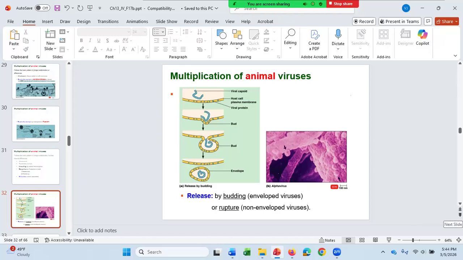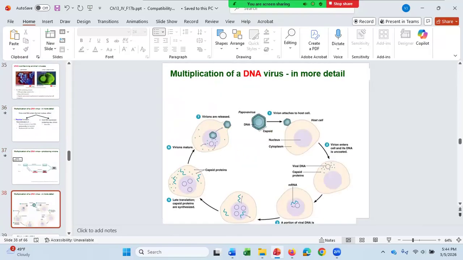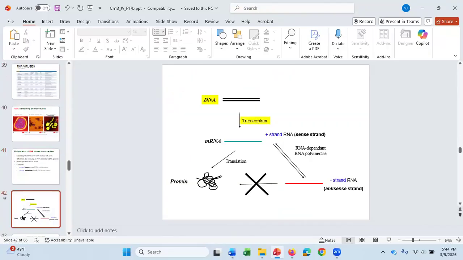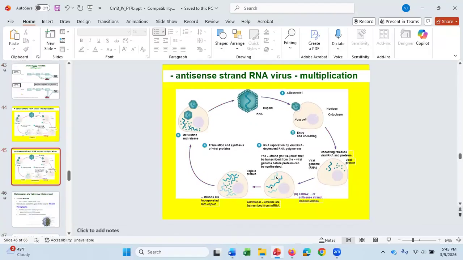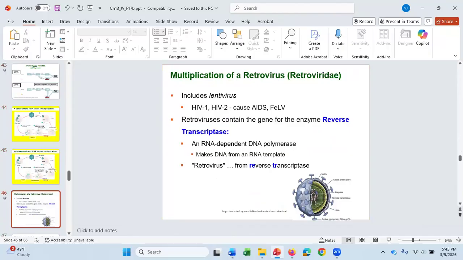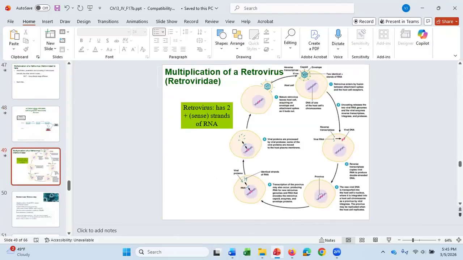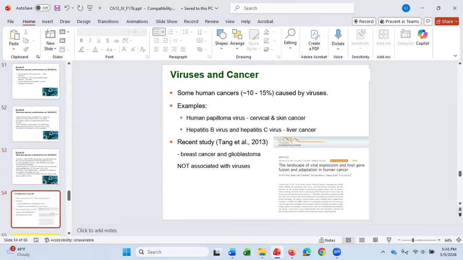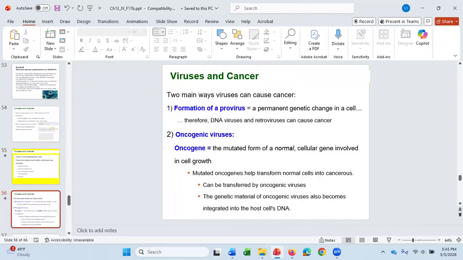Let me move ahead and I'll find it because I'm not remembering the name of that. So we're on slide 32. Ah, I'm not finding it. Oh, there it is.